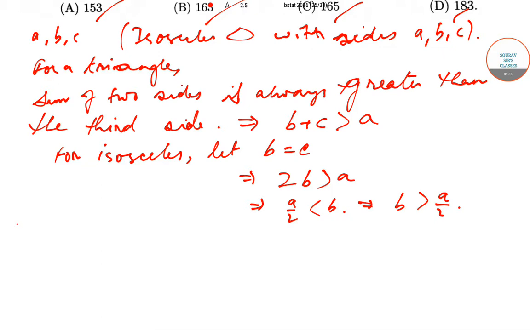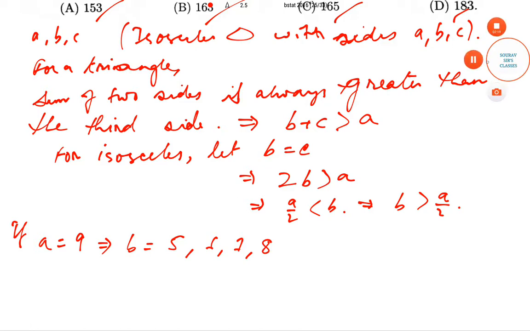If we take A equal to 9, that will imply that B can take the values 5, 6, 7 and 8. Also another point that we need to remember is that A is never equal to B, or B is never equal to A.